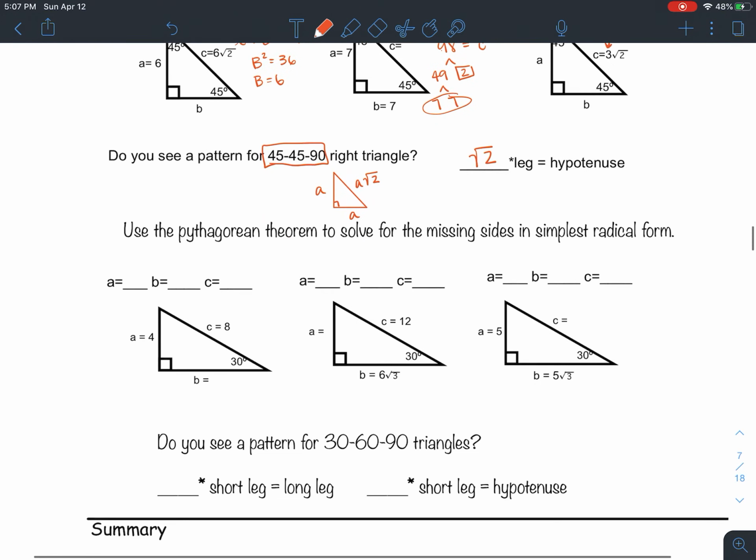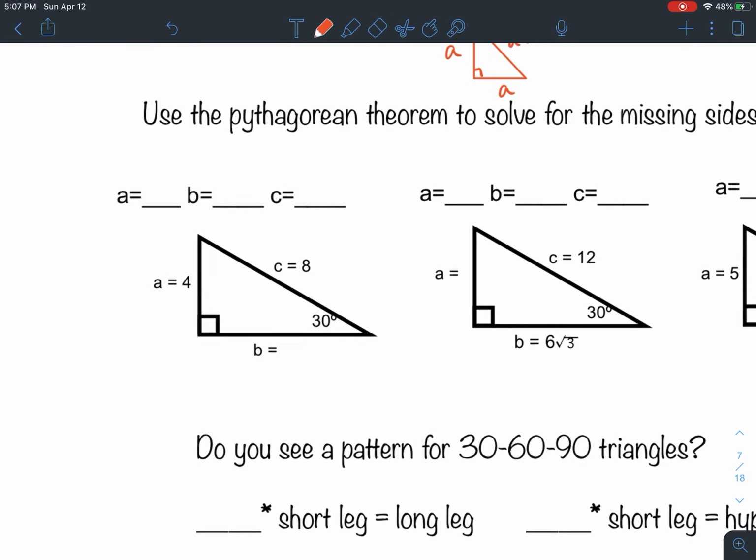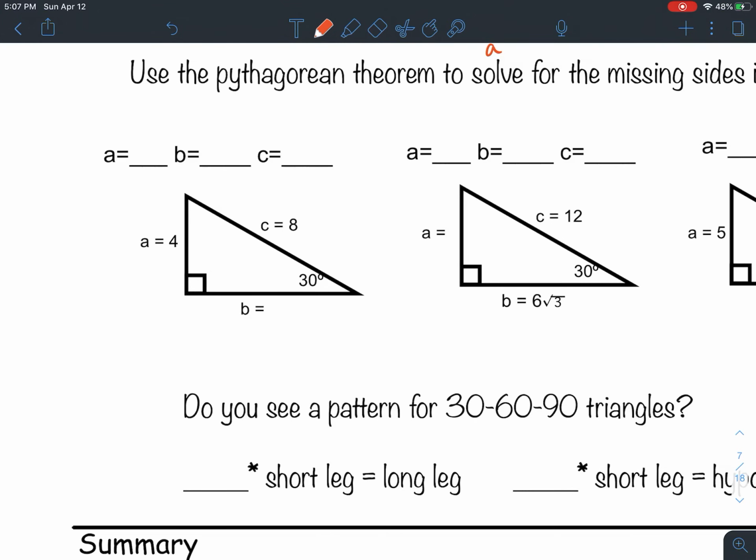If we take a look at our 30, 60, 90 triangles, we're going to run through the same rotation here. So on example 1, I have 4 squared plus b squared is equal to 8 squared. That is 64 minus 16.